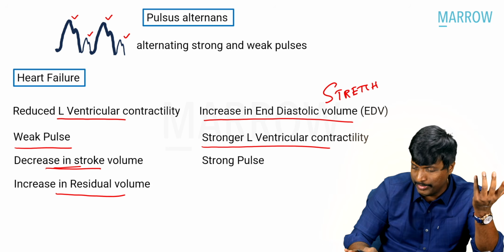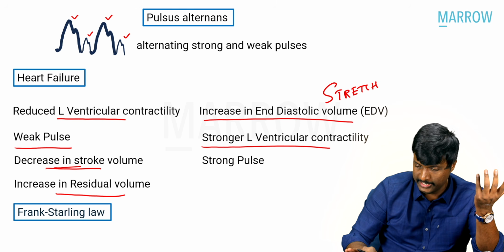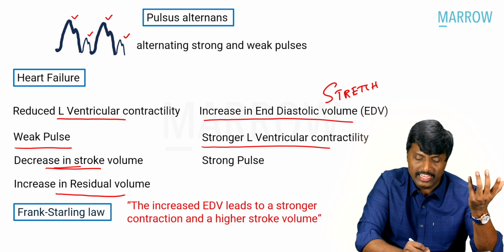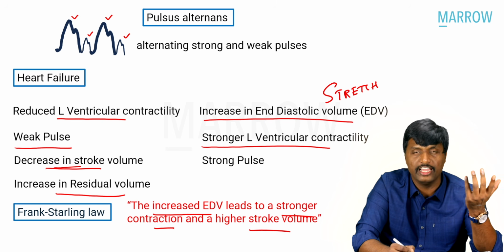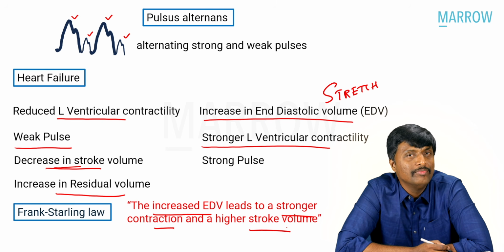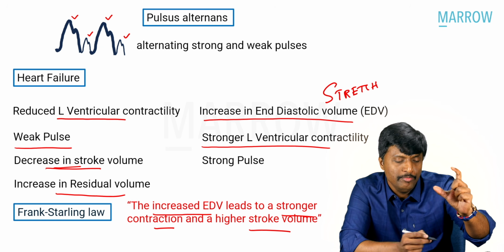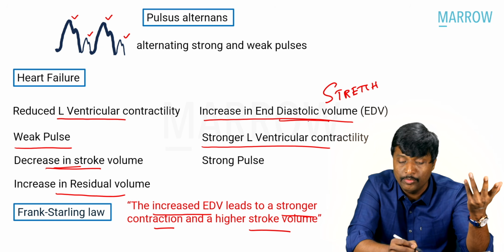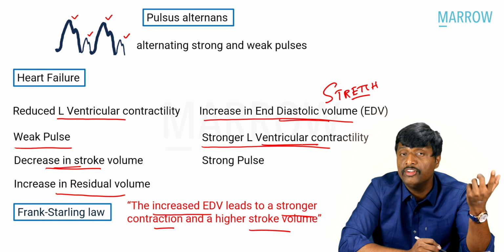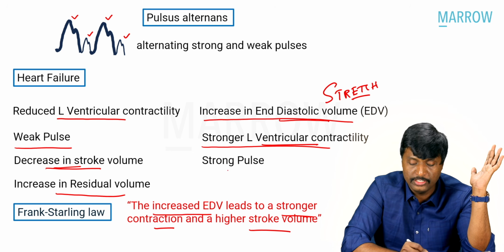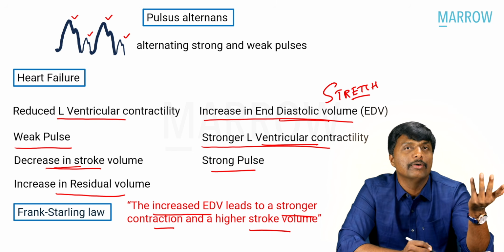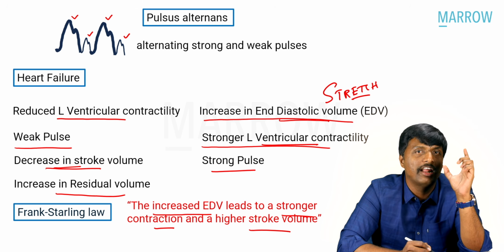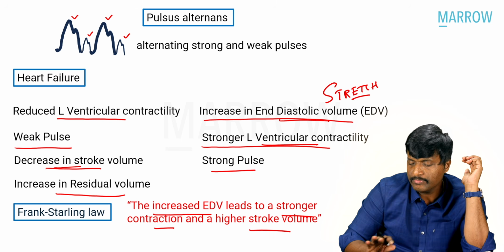Now connect all the pieces together. The very essence of Frank-Starling law is increased end diastolic volume leading to stronger contraction and a higher stroke volume. Obviously, increase in residual volume, increase in end diastolic volume, stretch-induced left ventricular myocardial contractility, strong pulse ensues. Strong pulse, weak pulse, strong pulse, weak pulse. Pulsus alternans, Frank-Starling law. Simple.